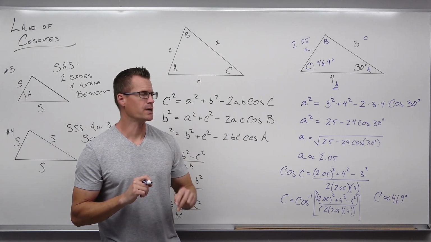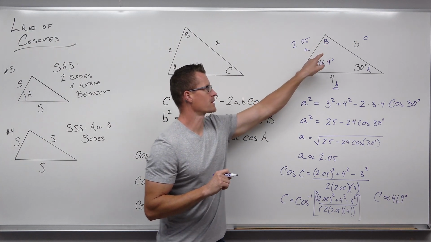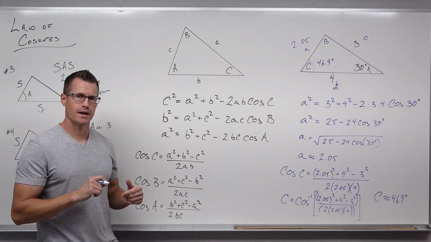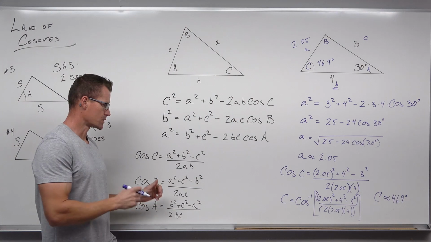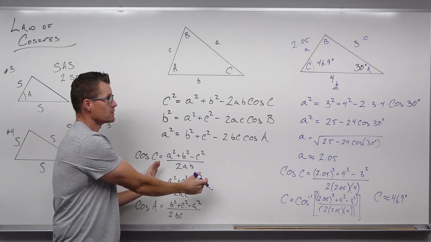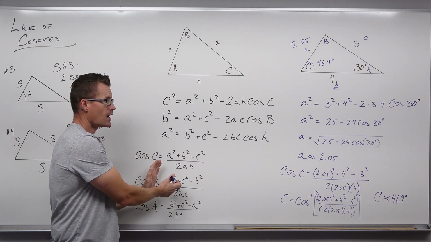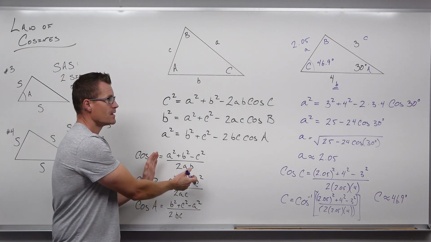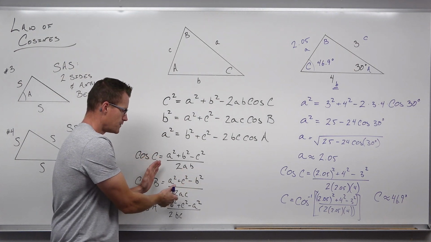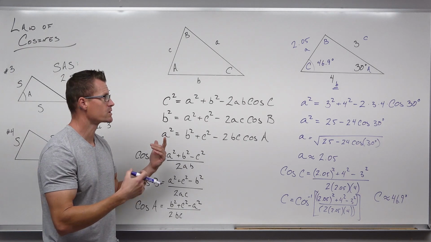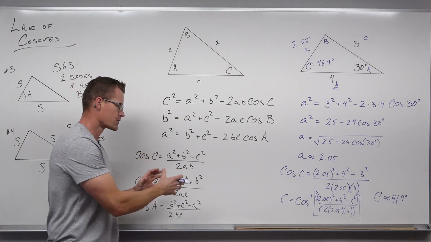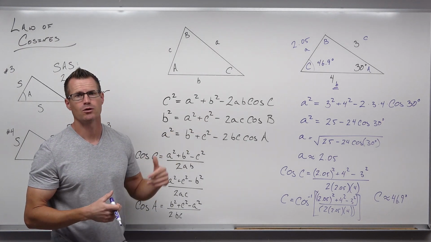So option 2 is you use the law of cosines again to solve for angle B. So you'd get B equals cosine inverse of all this stuff. You'd square 2.05, you'd square 3, you'd add them, you'd subtract 16, divide by 2 times 2.05 times 3, take cosine inverse of that, and it's going to give you exactly what angle B is.